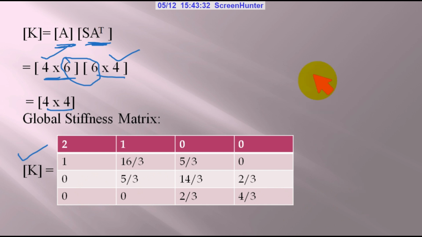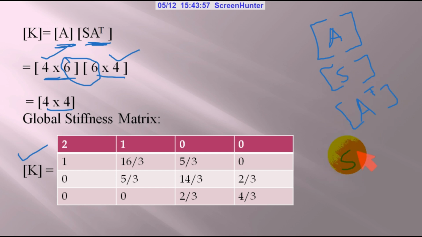So the steps to be followed: first of all, you have to develop static matrix, then you have to develop stiffness matrix, then you have to create transpose of the static matrix, that is A^T. In superscript I am mentioning T. Then you have to multiply stiffness matrix with the transpose of the static matrix.